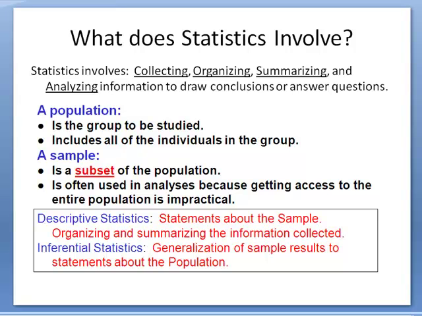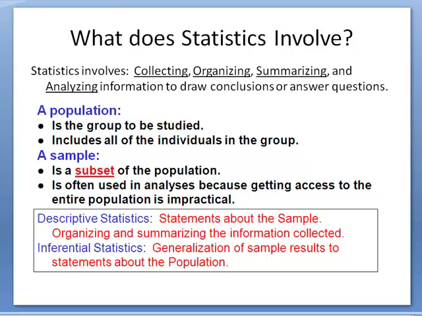So we need to make sure, number one, our subset, this sample, is an excellent representation of the population. And we'll talk about ways in which we can do that so that we can make very good inferences about the population. We've got 2 different types of statistics. Descriptive statistics is the statement about a sample, organizing and summarizing that information that's collected.